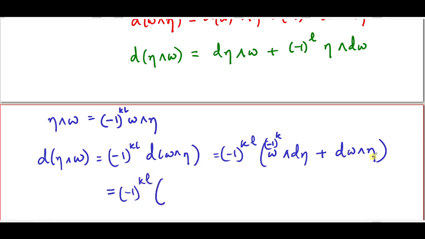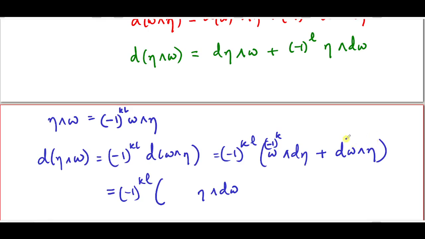Let's tackle this term first. You want to switch the wedge product and get eta wedge d omega. But now you have to remember one thing. The factor that you get when you switch the two forms in a wedge product depends on their individual ranks. Now here the two forms which you are switching are not k and l forms.